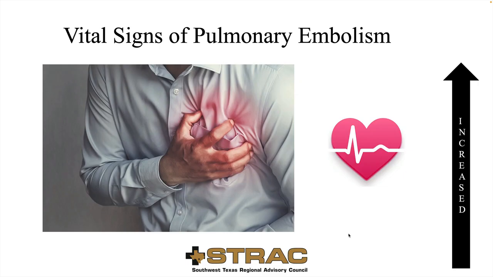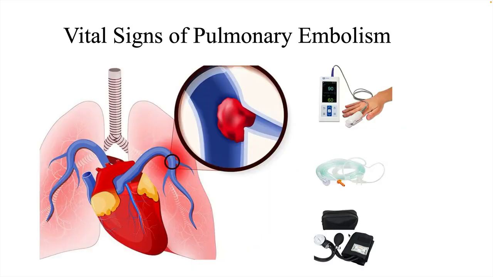Because of what the PE is actually doing, it's causing a VQ mismatch, a ventilation perfusion mismatch. All of these vital signs here, your pulse ox, your end-tidal CO2, and your blood pressure in a large PE are most likely to be decreased. So your oxygen saturation will decrease because of the impaired gas exchange.